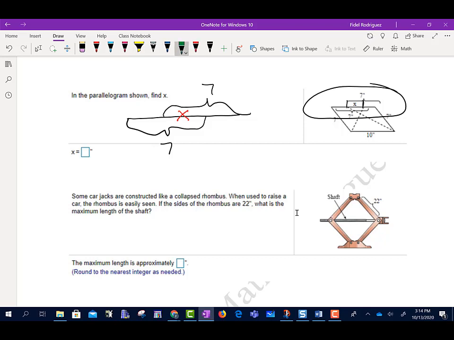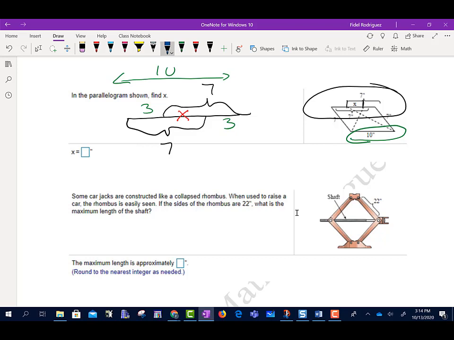Well, we know that the whole piece is going to add up to 10. So I know that this whole piece here adds up to 10, right? So wouldn't this piece here have to be 3? And this piece here would also have to be 3?